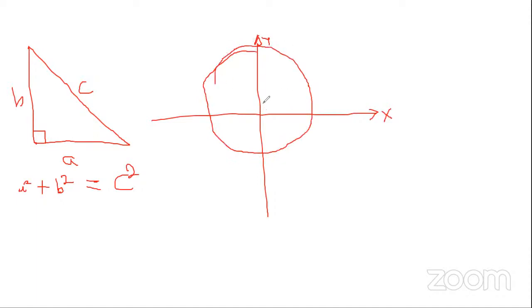If we picked a point here, this would be x, this would be y, and then this is the angle. So automatically this would be the radius.